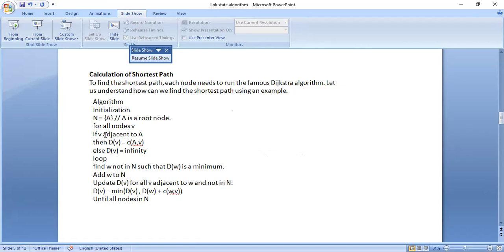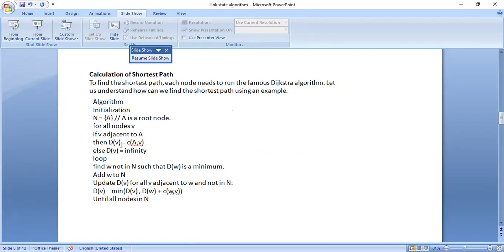If the visitor node V is adjacent to A, then in the initial step the distance of V equals the cost of A comma V. That means for a node directly connected to the root node, we take the cost as it is. Else, if it is indirectly connected, the distance of the visitor node is taken as infinity. This is the initial step in Dijkstra's algorithm and link state calculation.